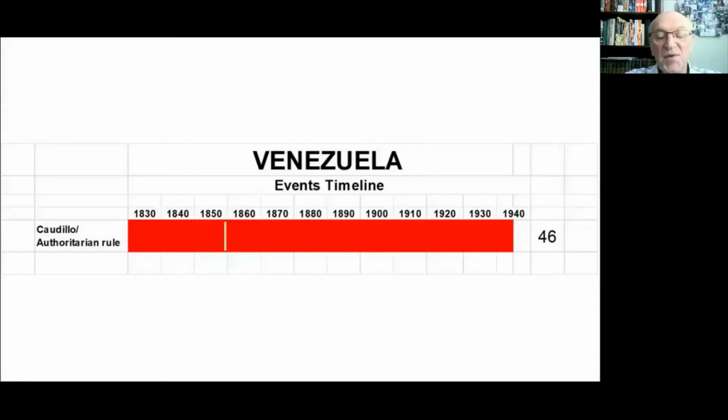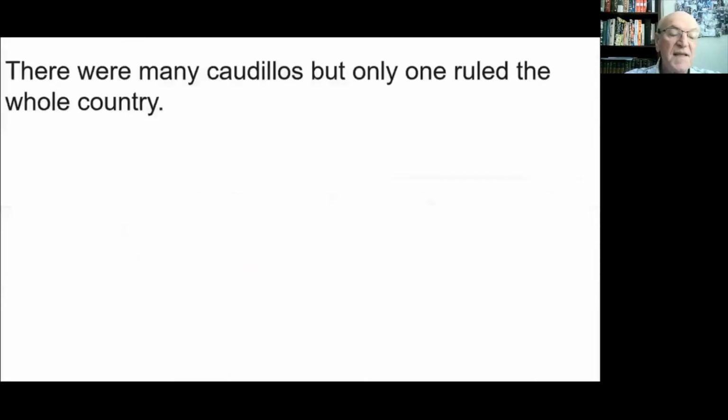Now, although there were 46 heads of state in that time, which if you do the math is about 2.5 years per head of state, the caudillos ruled 115 years, 6 of them, which means about 17.5 years for each of them. Now, there were many caudillos in the country, but of course only one ruled the whole country.